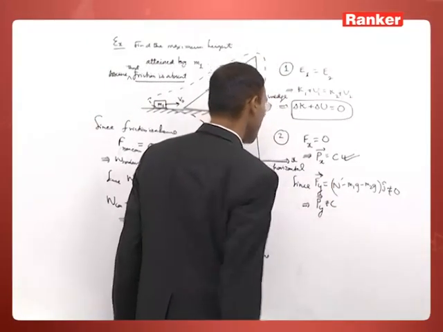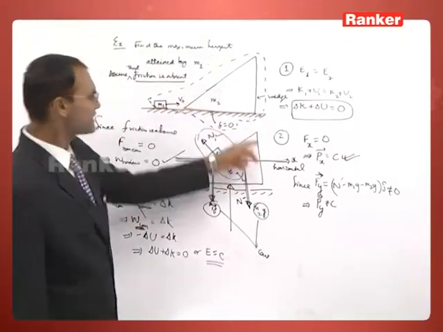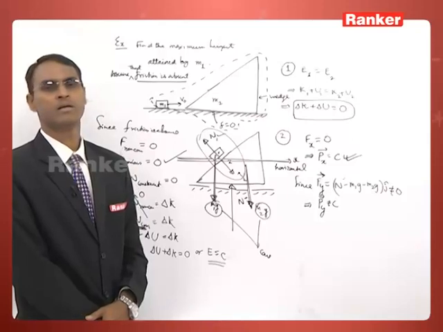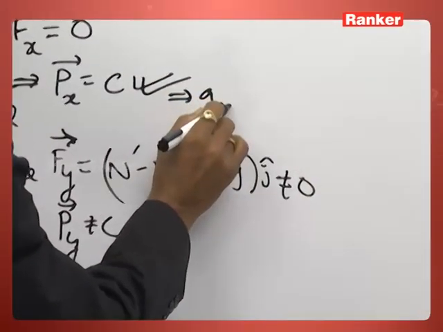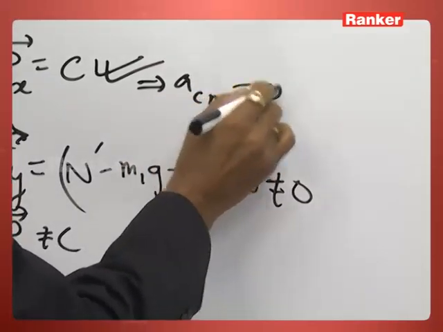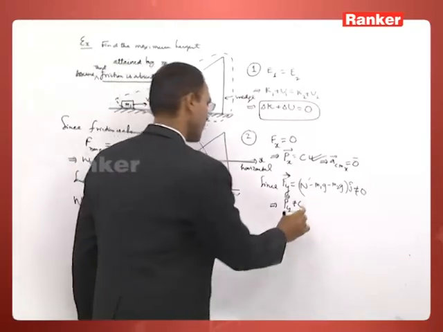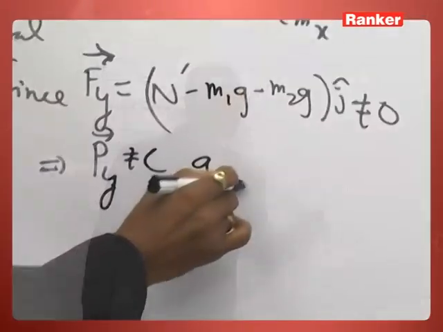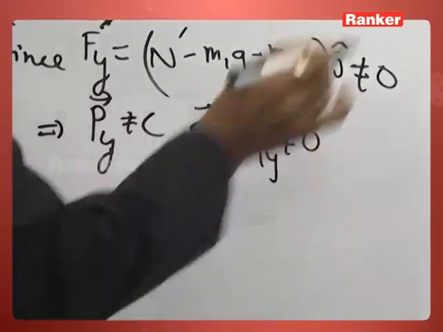In other words, we can say that acceleration of the center of mass along horizontal direction will be 0. However, acceleration of the center of mass along vertical direction may not be equal to 0.